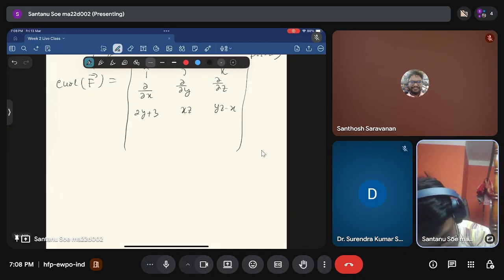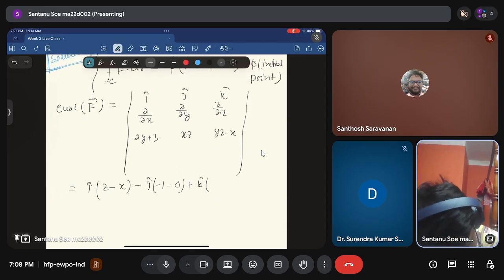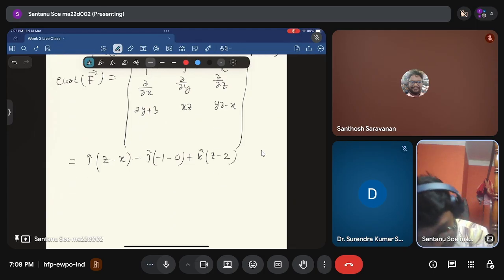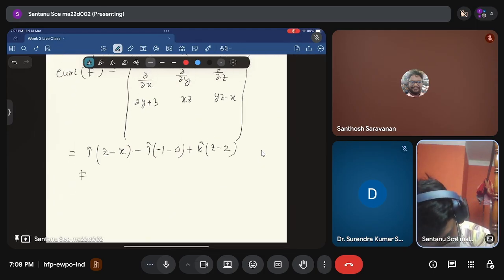So this is just i times (z - x) plus j times (-1 - 0) plus k times (z - 2), correct? And which is clearly non-zero.